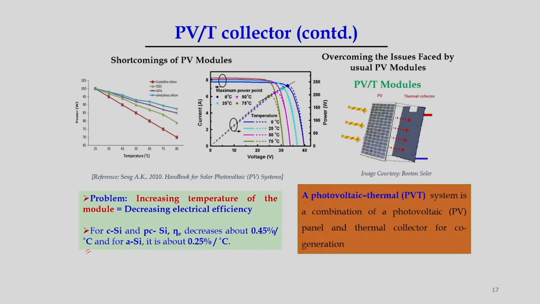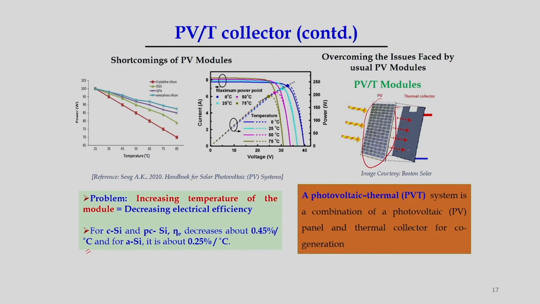So, how to overcome the issues faced by usual PV modules? One option is providing cooling effect by using some arrangement beneath the PV module. So, this is a PV module.